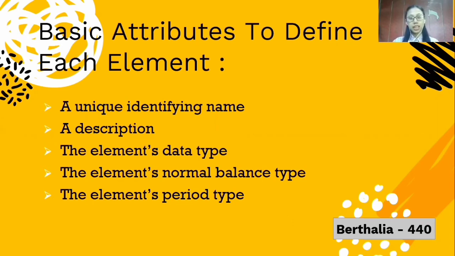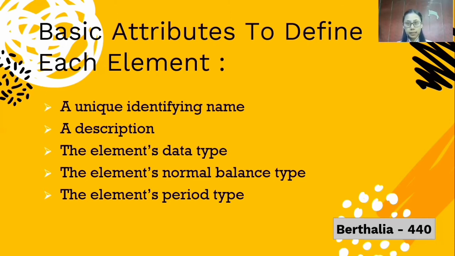And the third is the element has a type, such as a monetary unit, text, or date, etc. And the fourth is the element normal balance type, such as a debit or a credit. And the last is the element period type. So if it's at one point in time, it's called instant. Or if it's a period of time, it's called a duration.